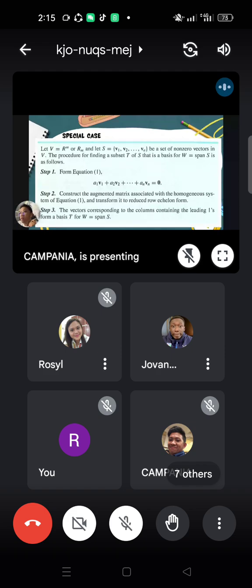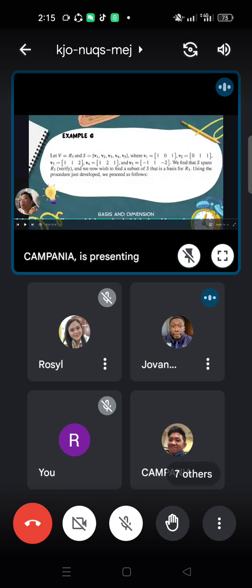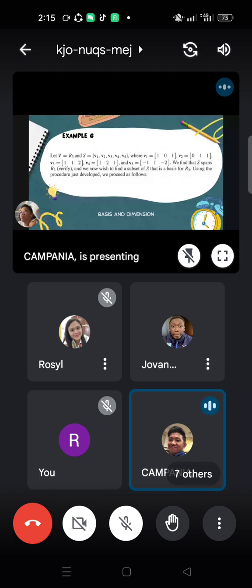So example 6. Say let V equal R... Sir, sorry sir. Your slide has not moved. Example 6 already, sir. Your slide is still not moving. Wait, sir.